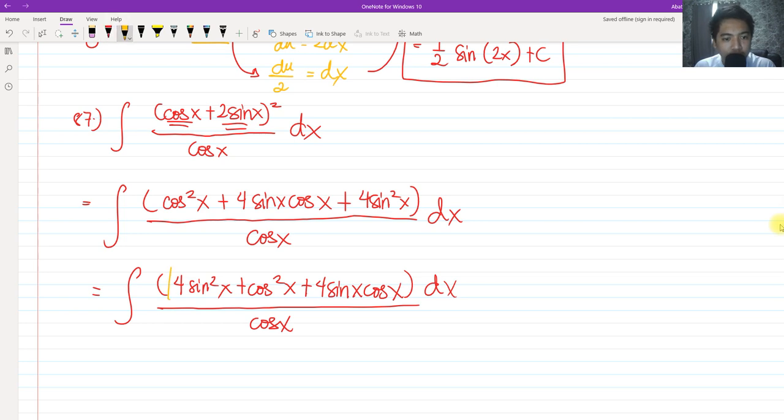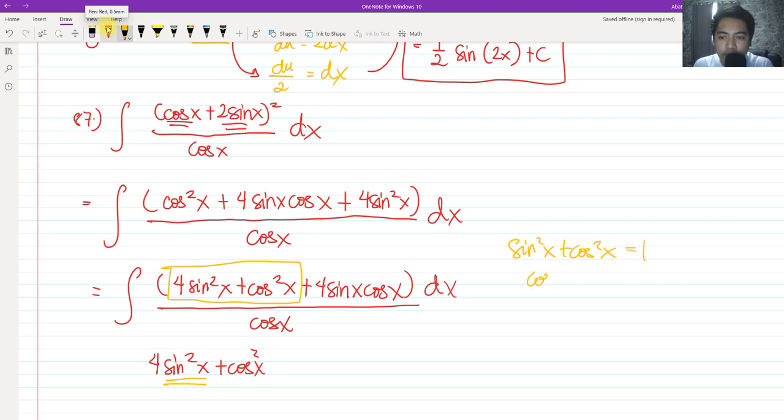Now, I can actually substitute the value of 4 sine squared of x here. So what I do, 4 sine squared of x plus cosine squared of x, I will reduce. Remember that from our Pythagorean theorem, we have sine squared of x plus cosine squared of x equals 1.